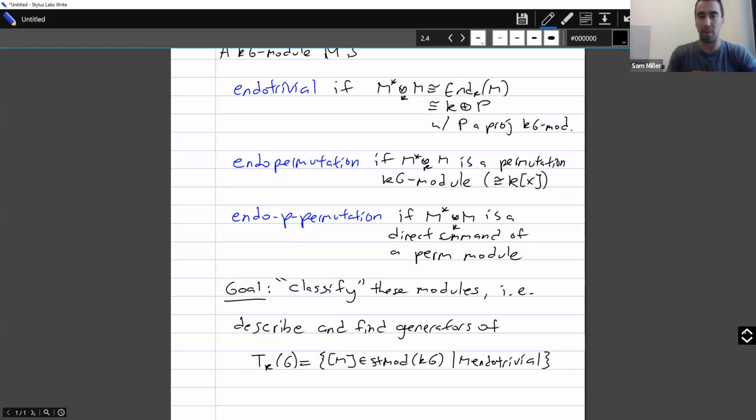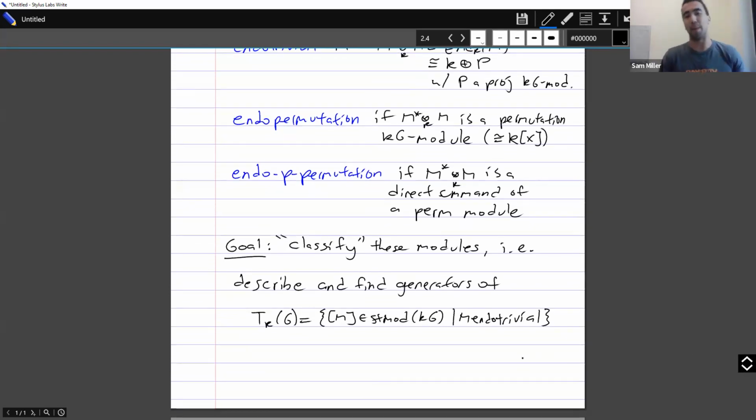And similarly for endopermutation, endo-P-permutation, specifically capped endopermutation, but I don't want to get into that.